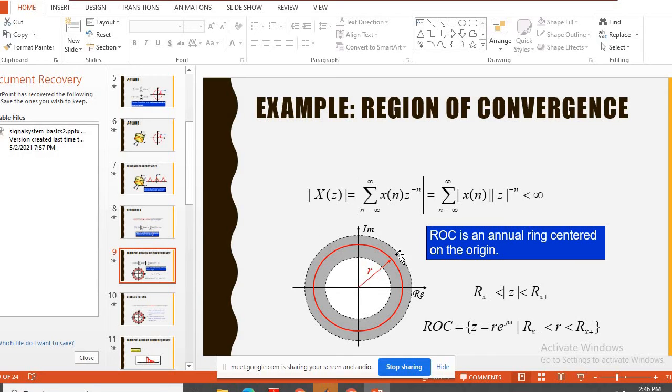Here I have shown one. You can draw the circle this way, and the radius of Z may be lying in some range, that is Rx minus to Rx plus. So that particular range of r, all those values are allowed, and that particular space is treated as the region of convergence.